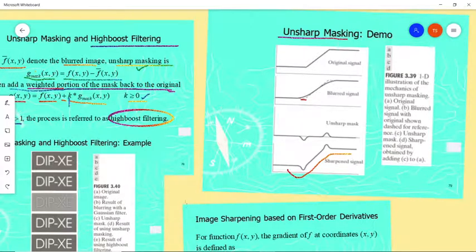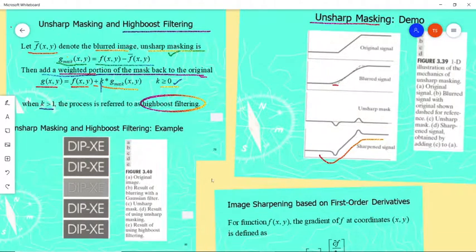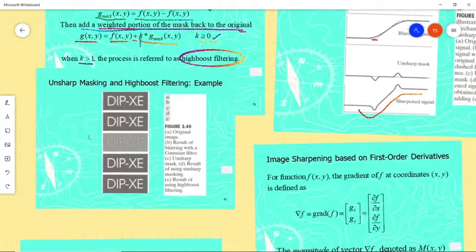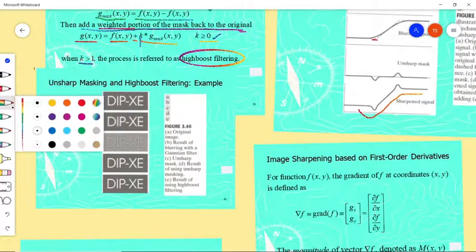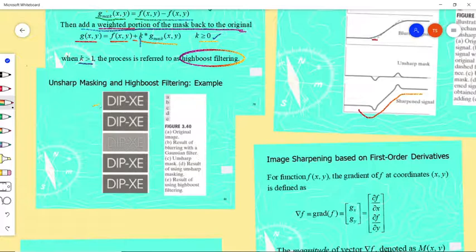I'll show it now not with signals, but with an image. See this. This is the original image. So we are doing unsharp masking and high boost filtering. For this original image, how can we apply blurring? By using some Gaussian filter.